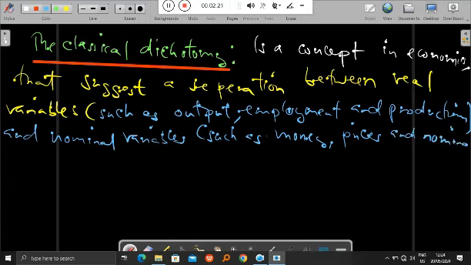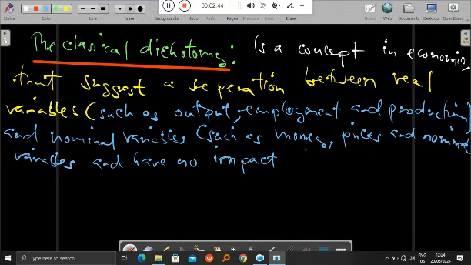The concept is closely related to the quantity theory of money, which posits a relationship between the price level and the money supply in the economy.